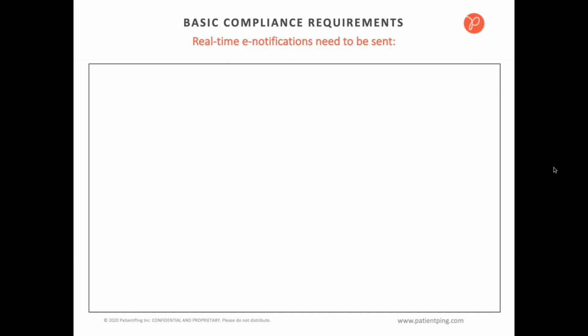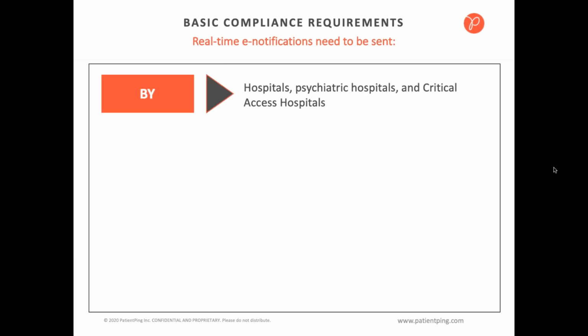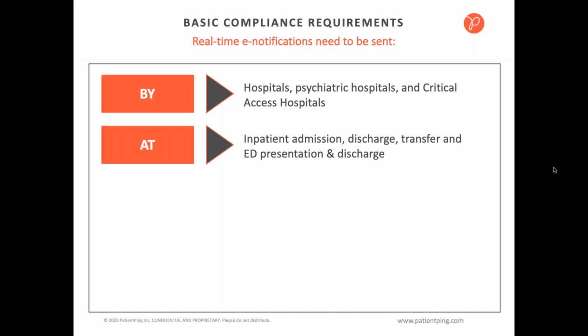Let's take a more detailed look at what the basic requirements actually are. The final rule requires that e-notifications be sent by hospitals, psychiatric hospitals, and critical access hospitals at inpatient admission, discharge, and transfer, and also at ED presentation and discharge.